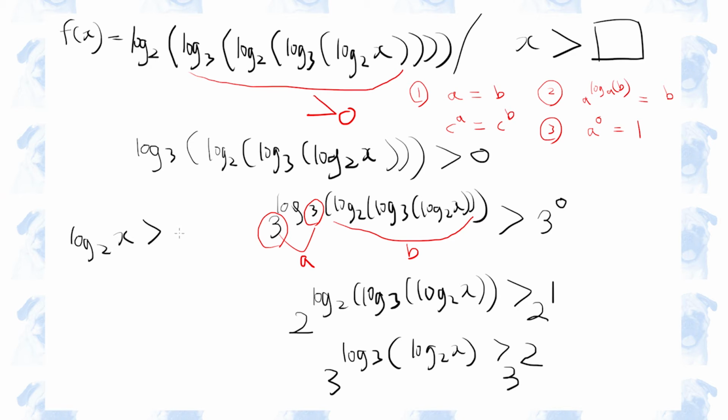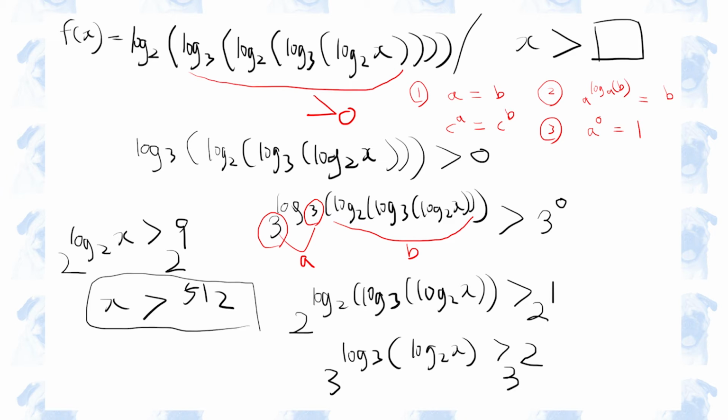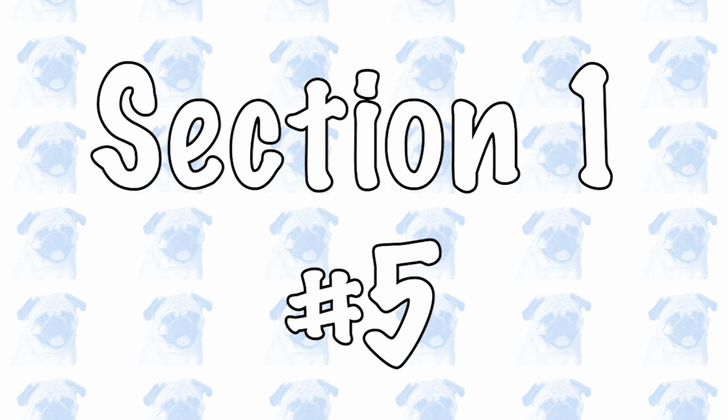Three times 3 is 9, and what is 2 raised to the 9th power? According to my calculator, 2 raised to the 9th power is 512. So there you go, we have the answer. x is greater than 512.